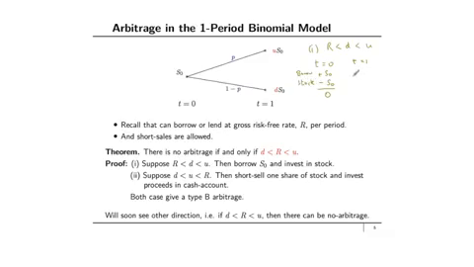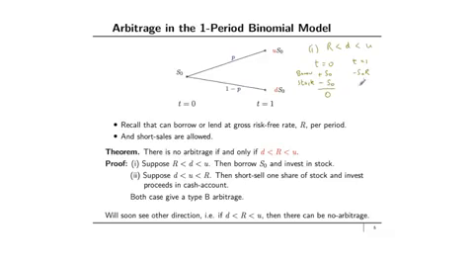And at t equals 1, we have to pay back our borrowings. So we have to pay back S0, but with interest. So we're going to be paying back S0 times R. But we own 1 unit of stock. Remember, we invested S0 in the stock at time t equals 0.